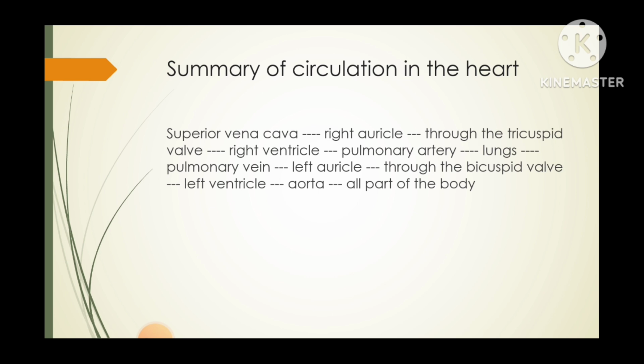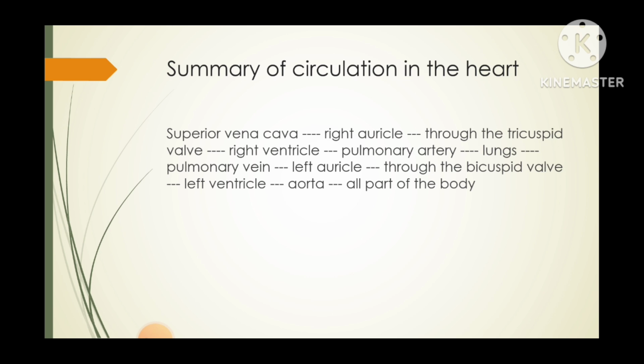So this oxygenated blood will now move back to the heart through the pulmonary vein. That's the main reason why the pulmonary vein has oxygenated blood. Normally, veins are supposed to have deoxygenated blood, but the pulmonary vein has oxygenated blood. So that blood will now move from the pulmonary vein to the left auricle.